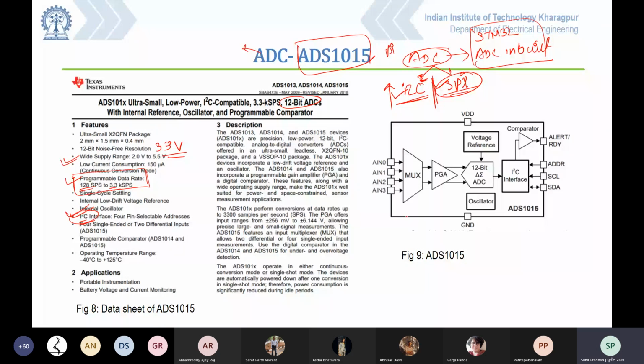In this ADC we have 4 channels, meaning at a time you can give 4 analog inputs. This input goes to a multiplexer, and after that it goes to a programmable gain amplifier, which provides gain.